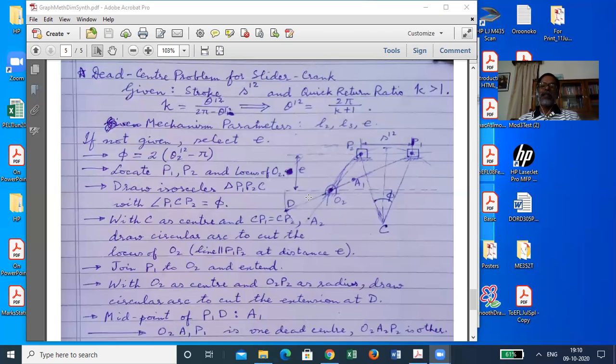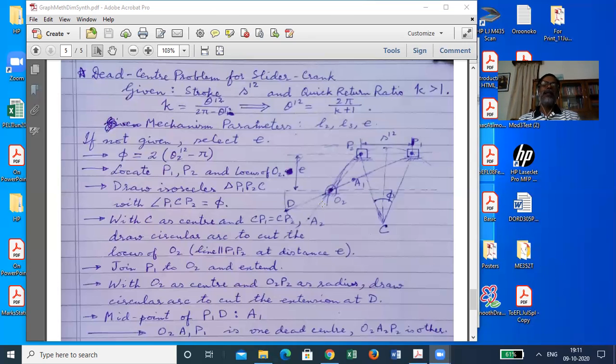Wherever that cuts this locus of O2, call that point O2, because that is O2. One locus of O2 you knew as this line parallel to P1 P2 at a distance E. Another locus you have got because of the logic of the construction. We will come to that.